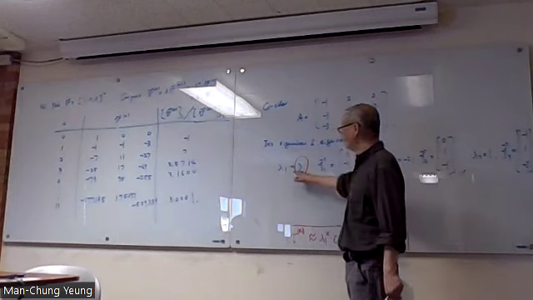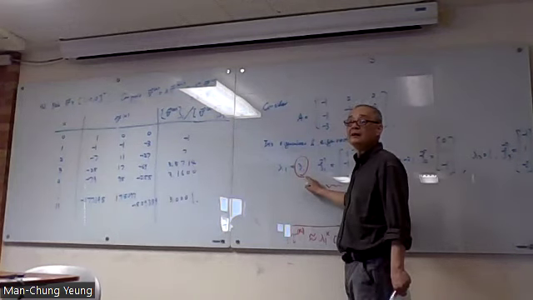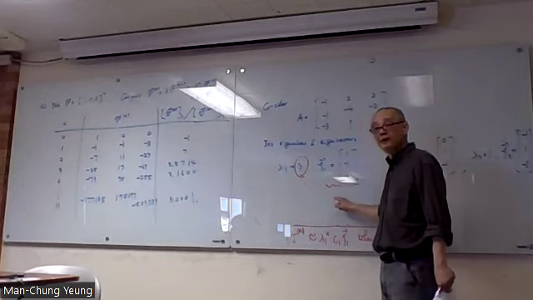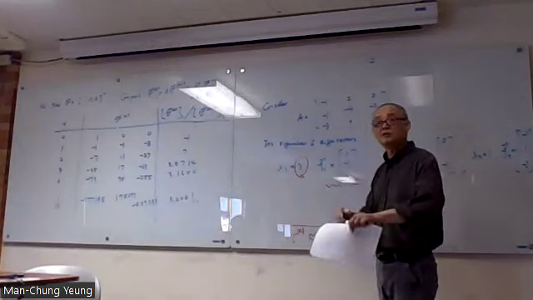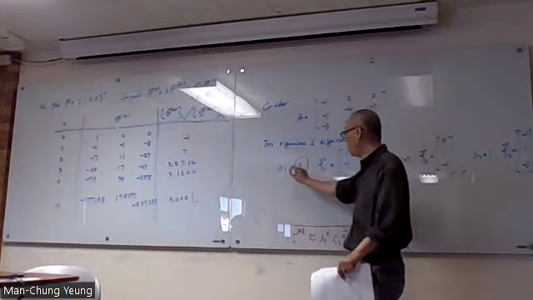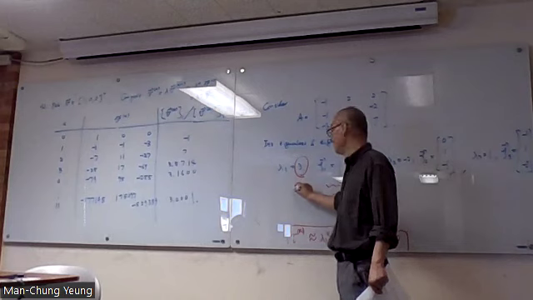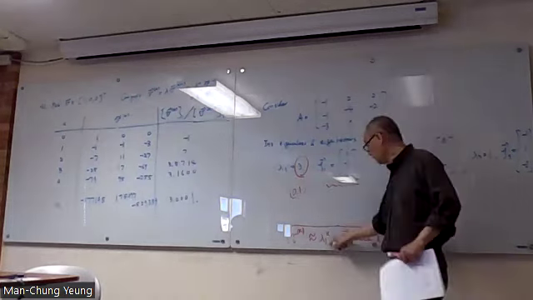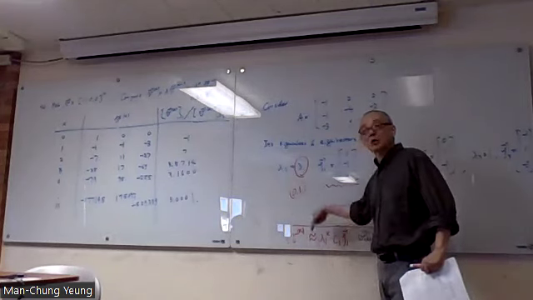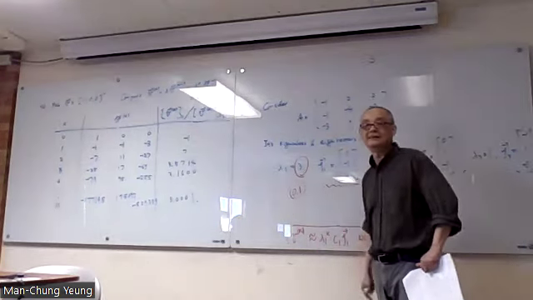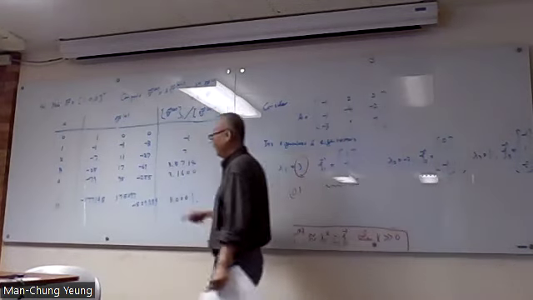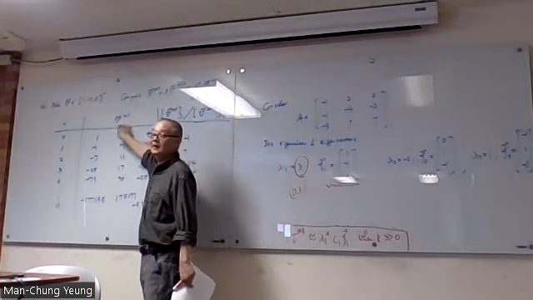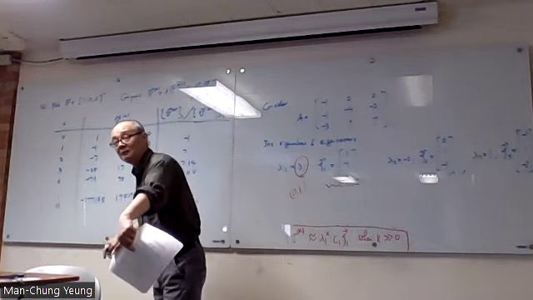In this example, lambda 1, number 3, is greater than 1. So lambda 1 to the k goes to infinity. In some other examples, maybe the dominant eigenvalue is less than 1, say 0.1. In that case, 0.1 to the k goes down to 0 very fast. The magnitude of V quickly goes down to 0.